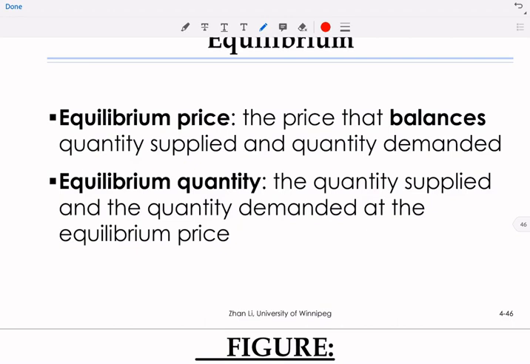Basically, it means at the equilibrium price, quantity supplied should be equal to quantity demanded. Equilibrium quantity is essentially the quantity supplied or the quantity demanded at the equilibrium price. Equilibrium quantity can be either one because in equilibrium, quantity supplied equals quantity demanded. So these two quantities are the same.